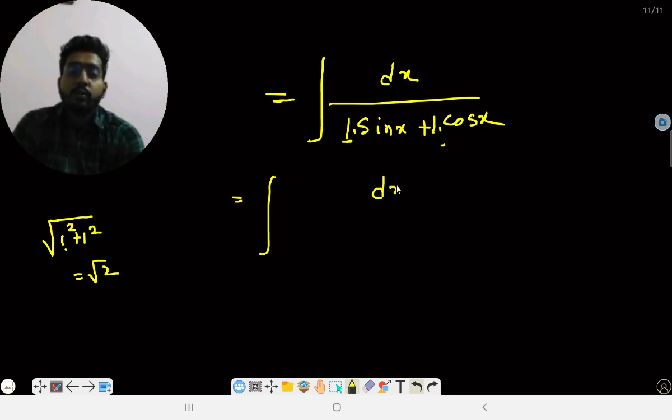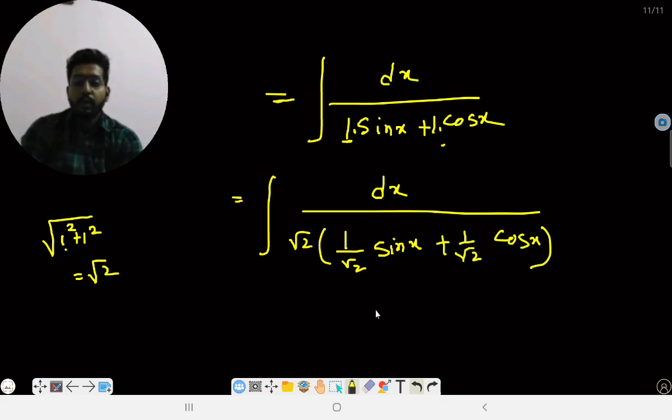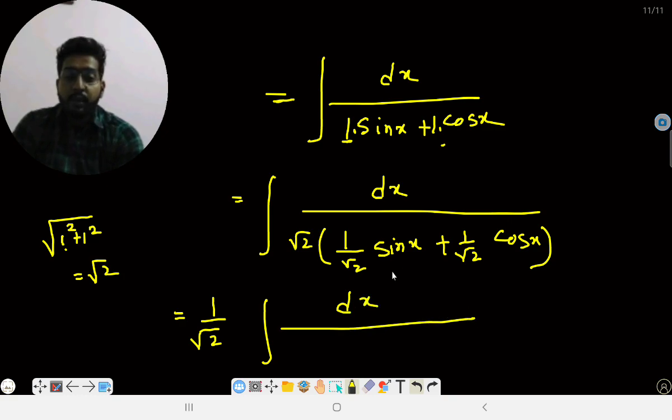So here you can write root 2 and divide by root 2. Then this root 2 will come out, that means this is 1 by root 2 integration of dx by, now look at here, sin x and 1 by root 2. Now what is the value of 1 by root 2?